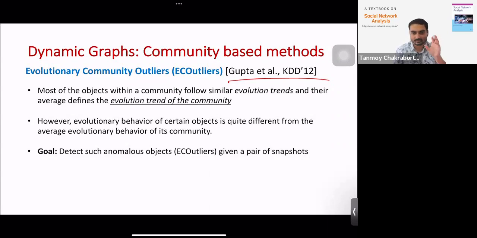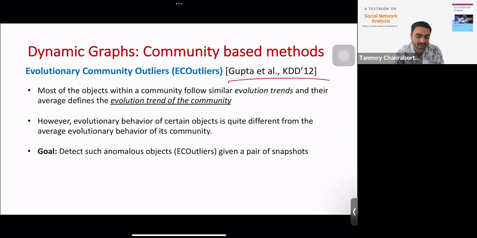If you look at the objects in a particular community, it is obvious because a community by definition constitutes nodes of similar types. So the evolution of all the nodes in a community should be the same, because the nodes are kind of the same.